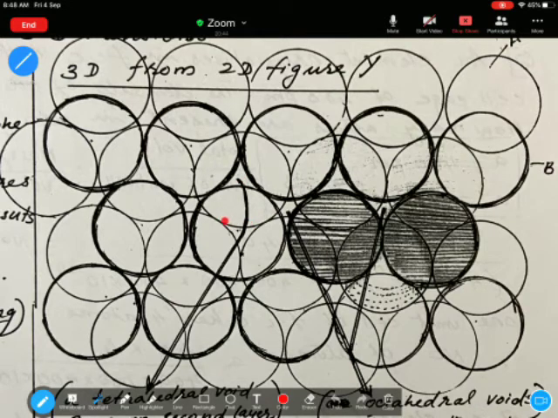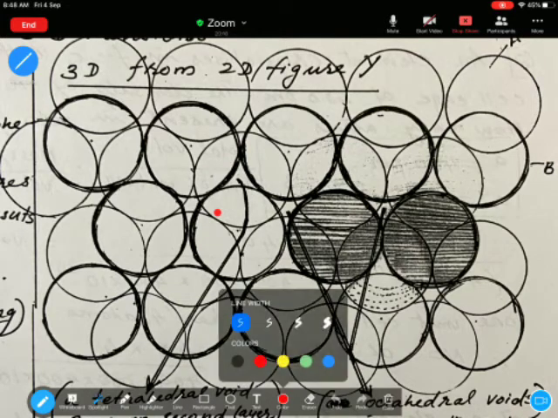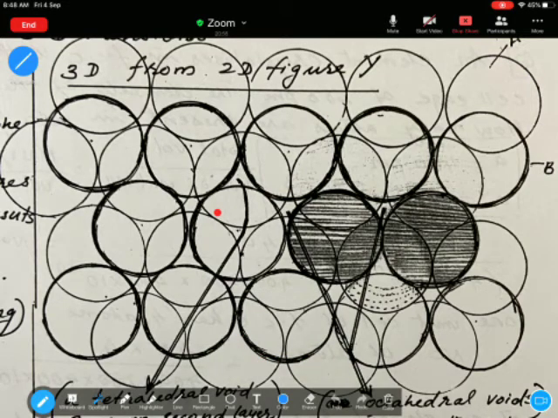So one ball will be kept over here. I am going to keep a blue ball. On this I am going to keep a blue ball.